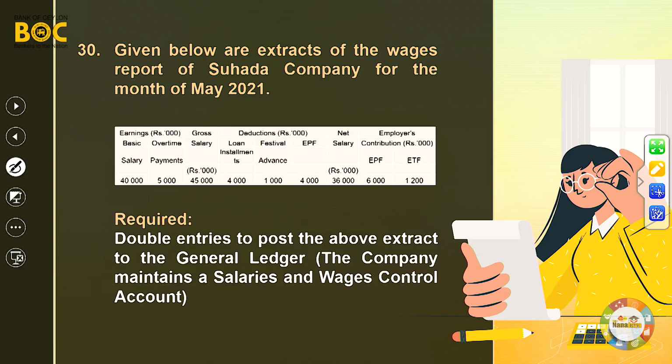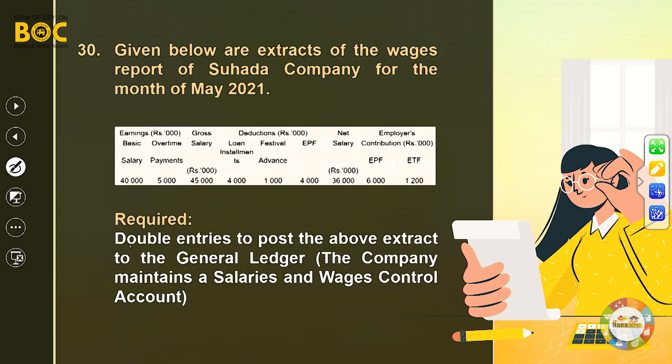The given below is an extract of the wages report of a company: earnings, basic and overtime, gross salary, deductions, loan installment, festival advance, EPF, net salary, contribution for EPF and ETF.